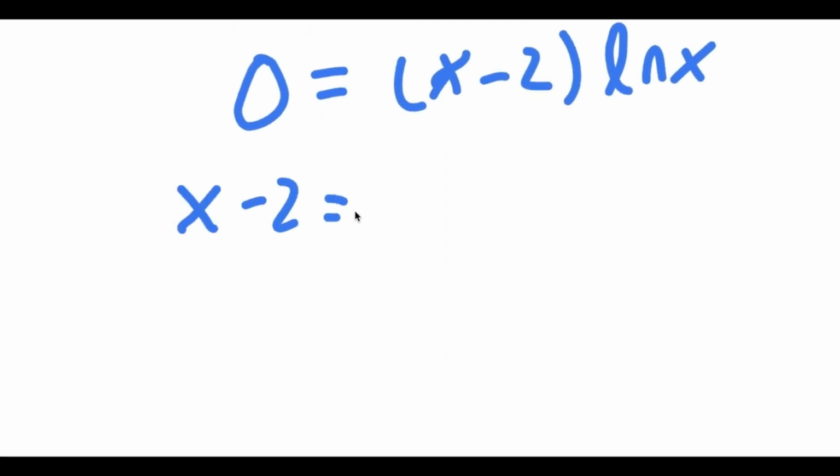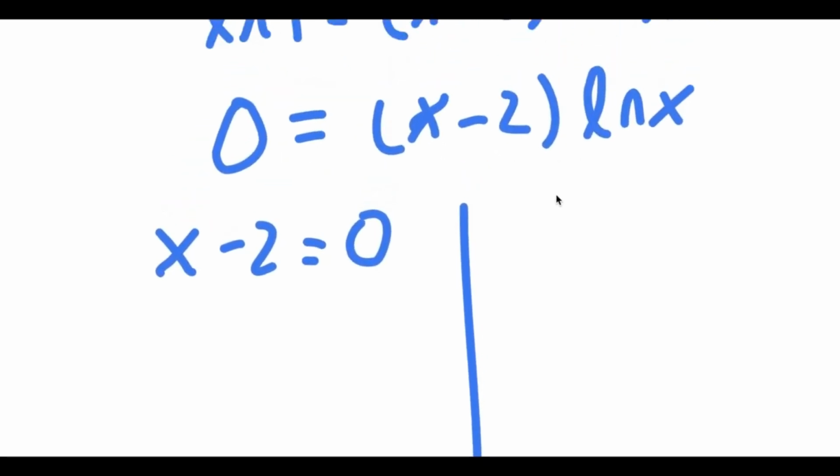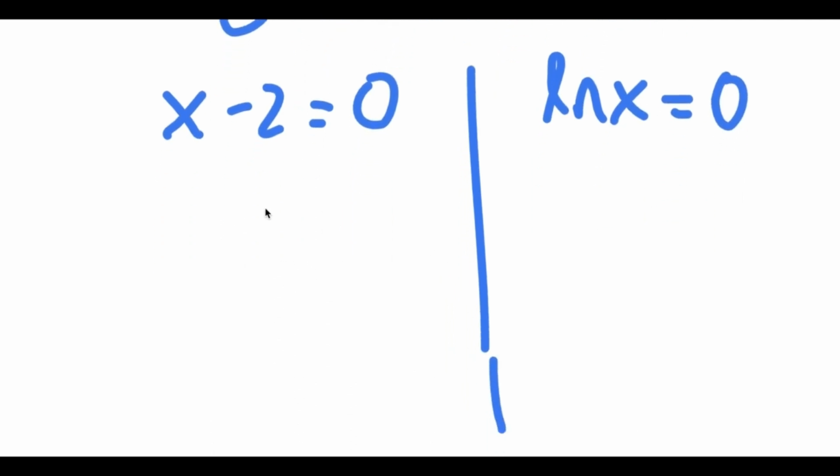I have x minus 2 is equal to 0, and I have ln of x is equal to 0. So for x minus 2 equals 0, this is pretty simple.